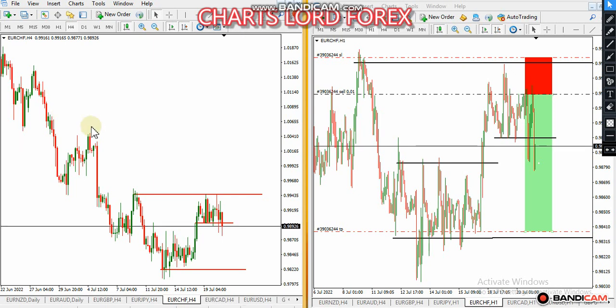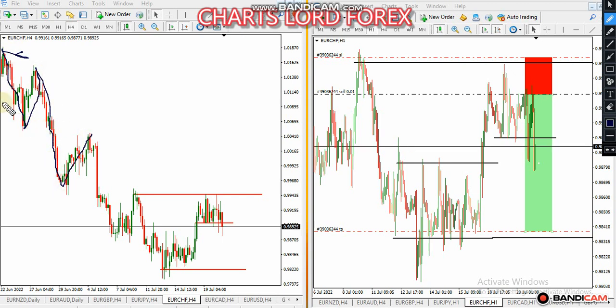So in this particular video, like I said, this is Euro CHF. If you look at the 4 hours here, you can see that basically this chart has been on a downtrend. Let's look at it from this area. You can see the chart goes down, pulls back, goes down, pulls back.